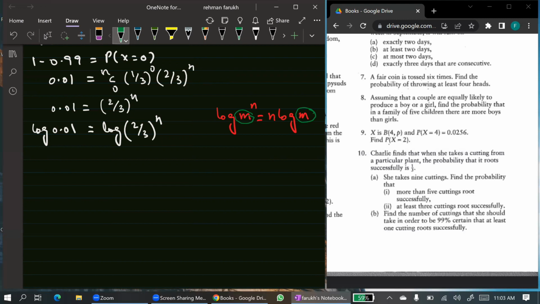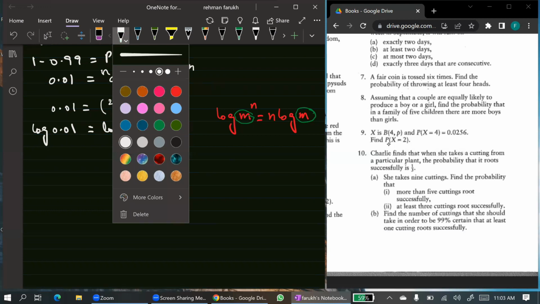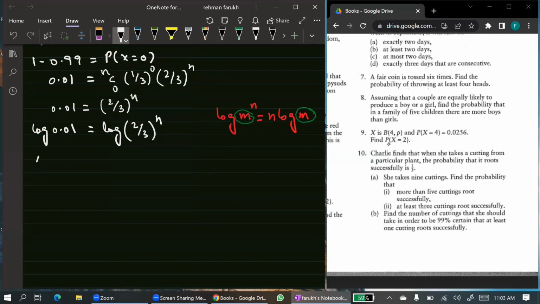We will use this rule in this question, that is log of 0.01 is equal to n log of 2 by 3. Now we will find out the values of log of 0.01 and log of 2 over 3 with the help of calculator.